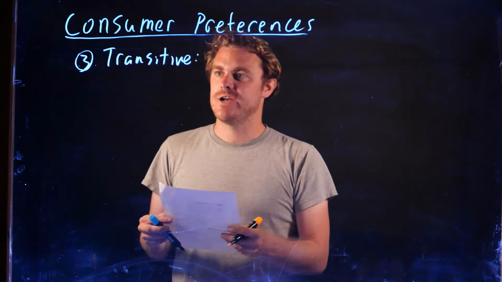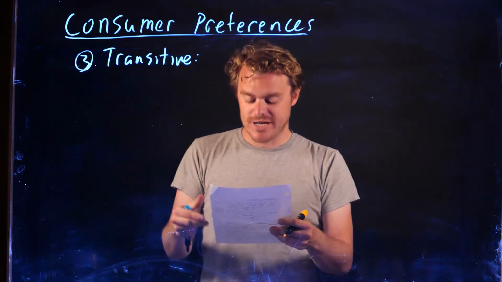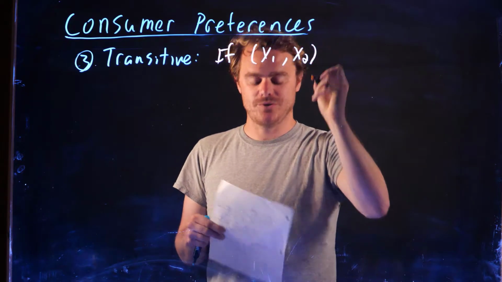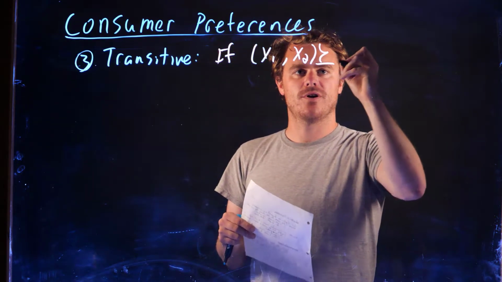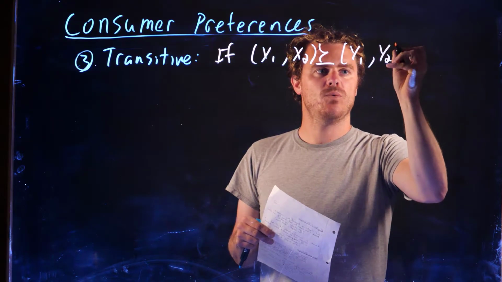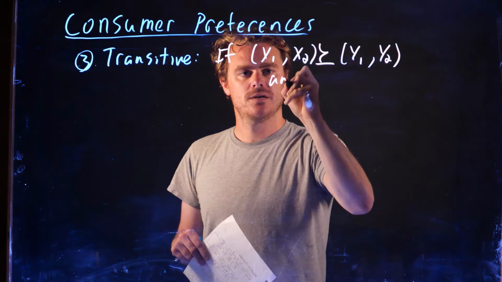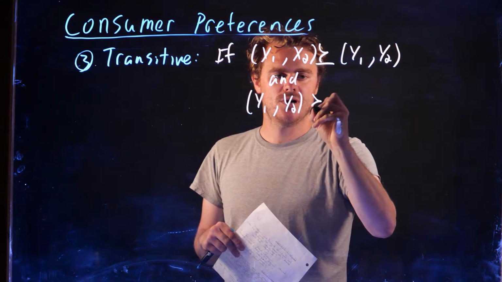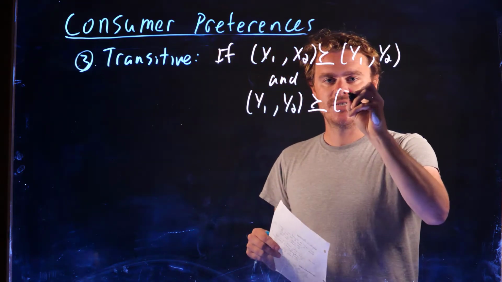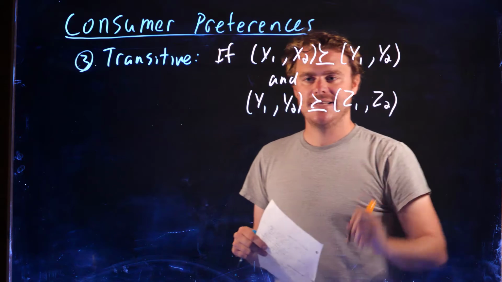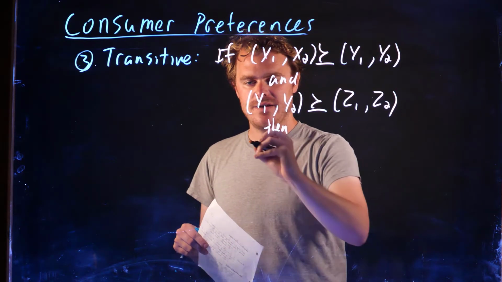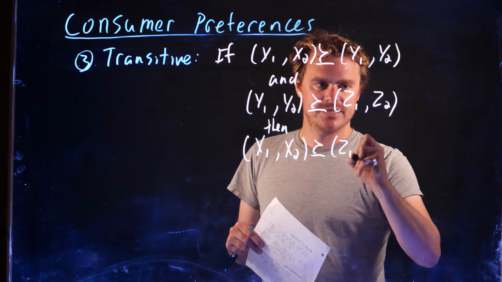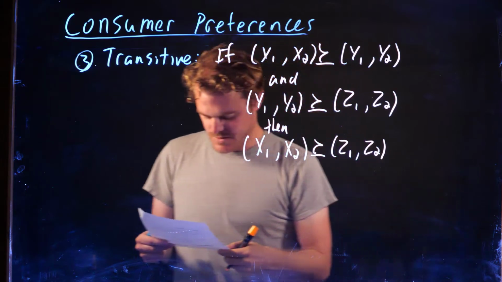So what is transitivity? If x1, x2 is weakly preferred to y1, y2, and y1, y2 is weakly preferred to this other bundle, z1, z2, then x1, x2 must be weakly preferred to z1, z2.